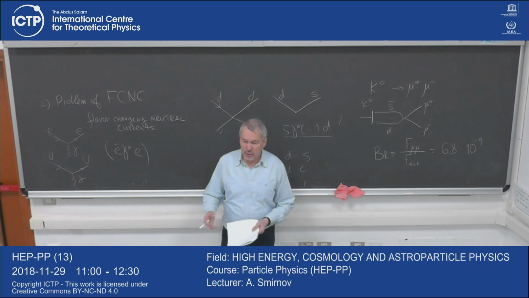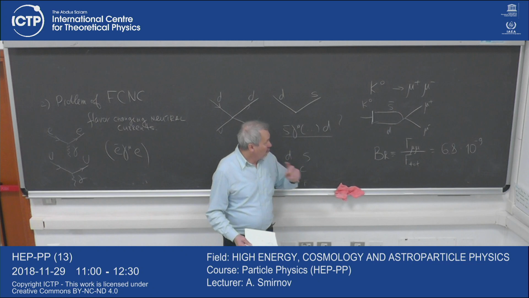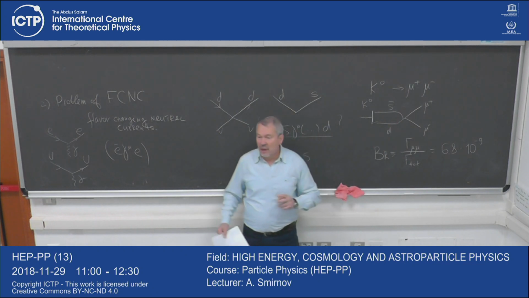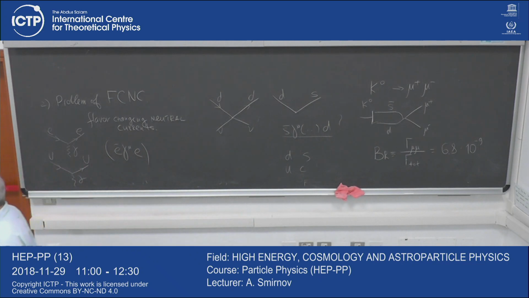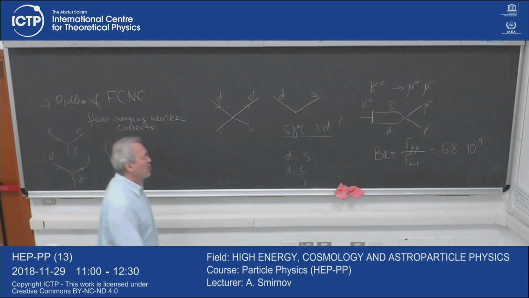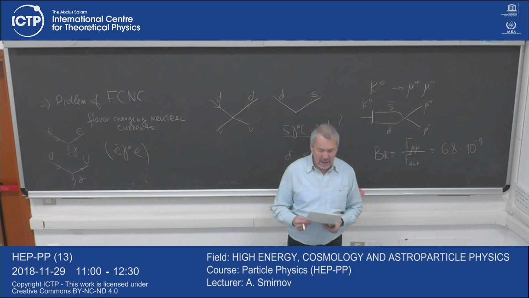One can introduce some 4-fermion coupling which is responsible for such interactions. However, the corresponding G should be, say, 5 orders of magnitude smaller than G_F. So when we square this, we get 10 orders smaller, and then we get this small quantity.